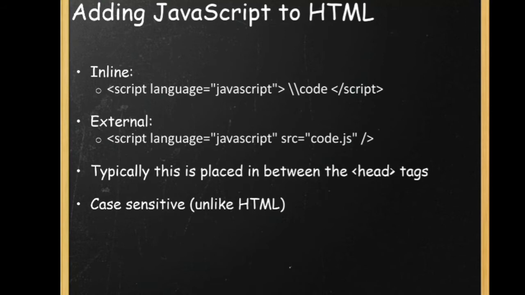Adding JavaScript. How can we add JavaScript to HTML? There are two ways. Inline. In inline, we will write the code inside the HTML tag, and we insert this script code after head and before body. Why?